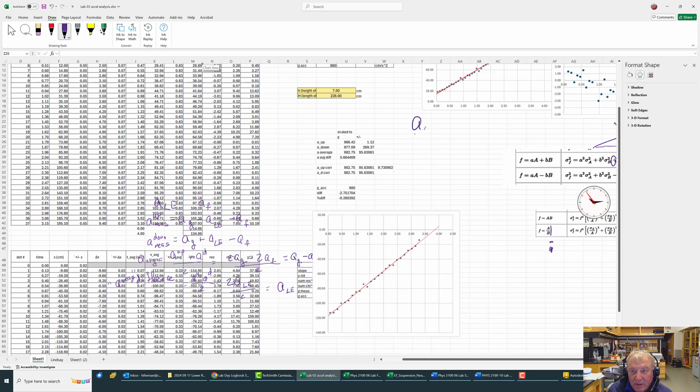Okay, so we define A_LE as the leveling error. And then A_F is the friction, the part of the acceleration that comes from friction. So A up measured is going to equal the acceleration of gravity.